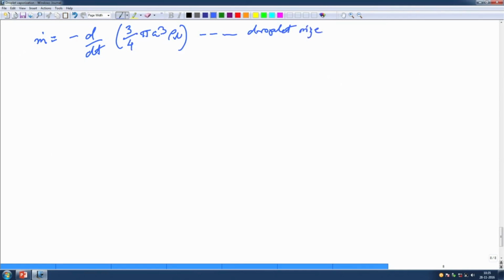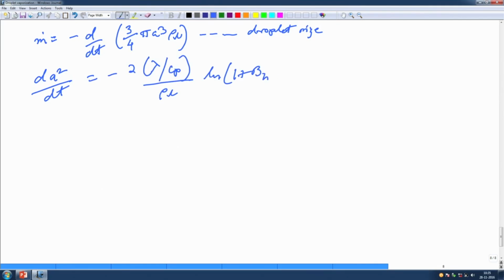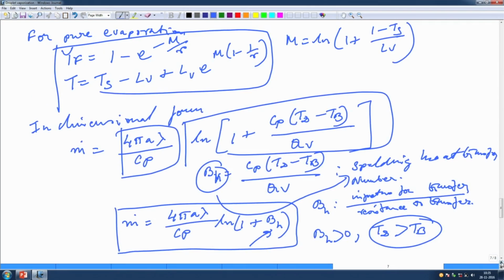Is not that so? It is given on the droplet size. Now, if you take dA square by dt, that will be given by 2 lambda by Cp by rho L into ln(1 plus BH), because this m dot is the same as the m dot that we established here.